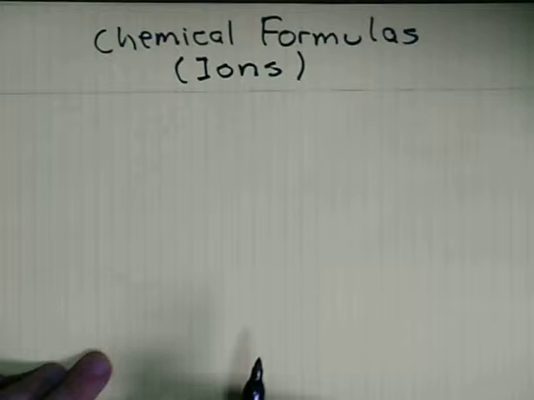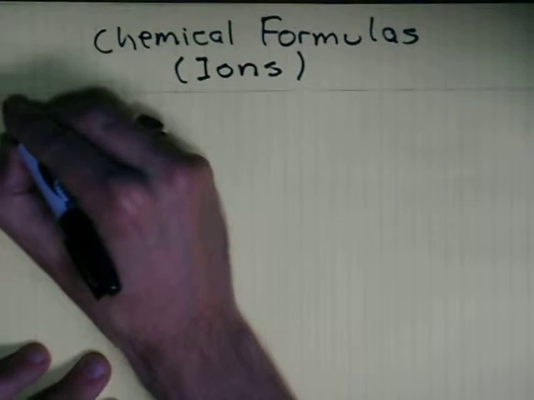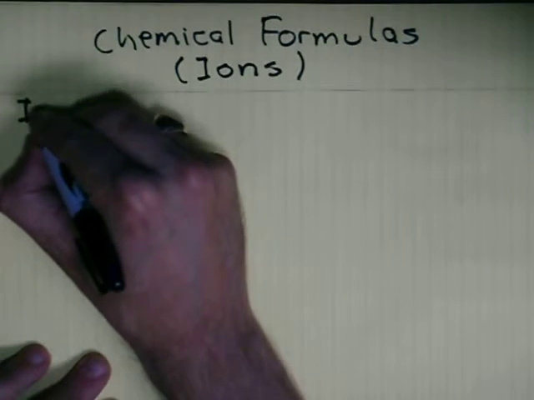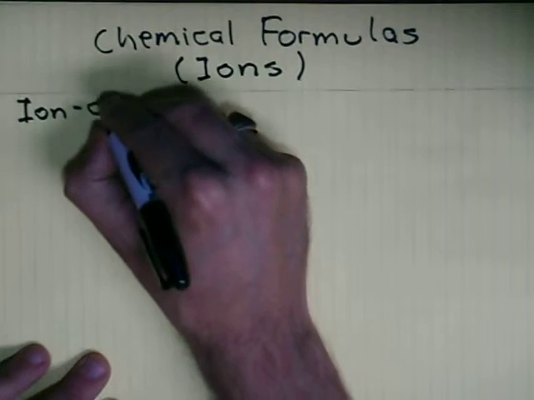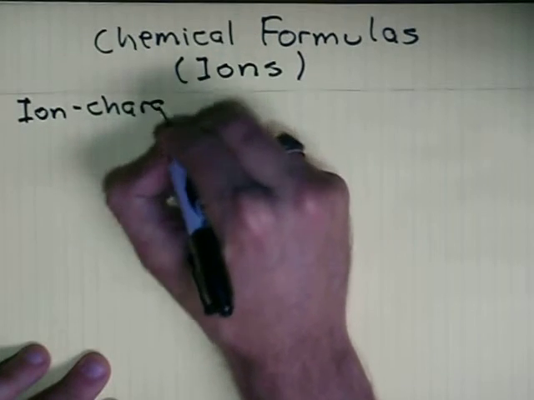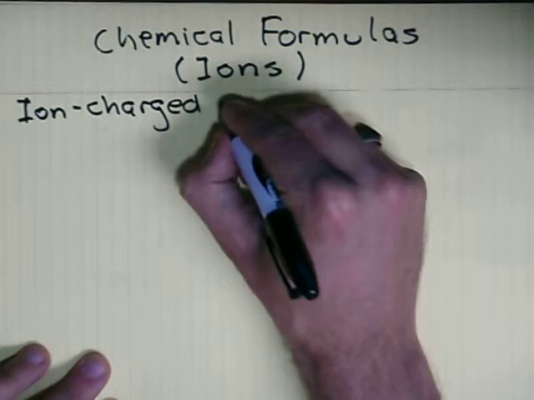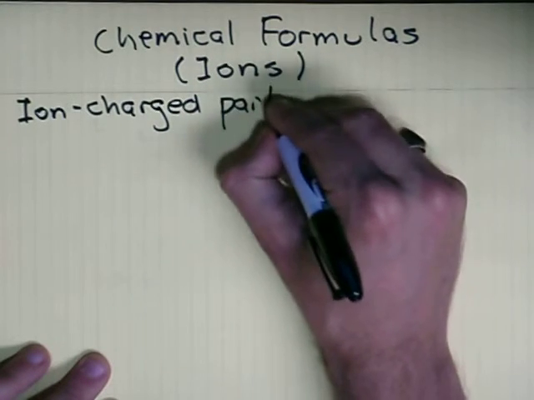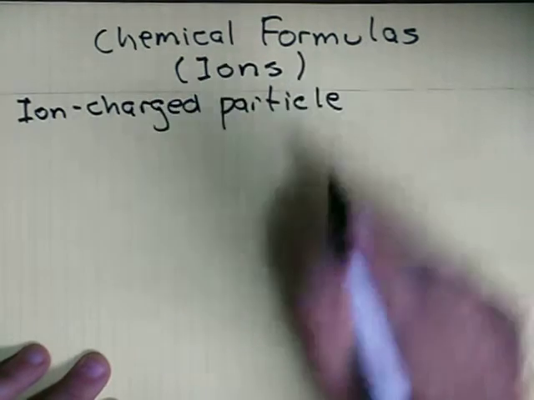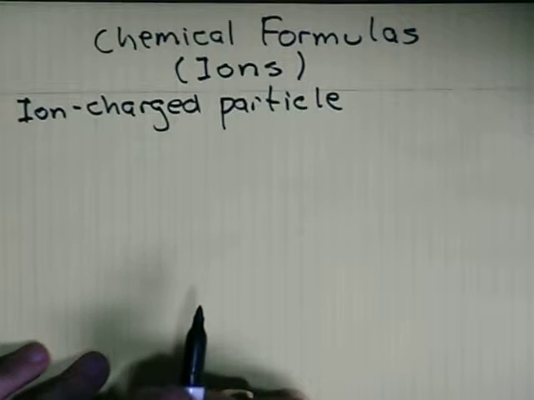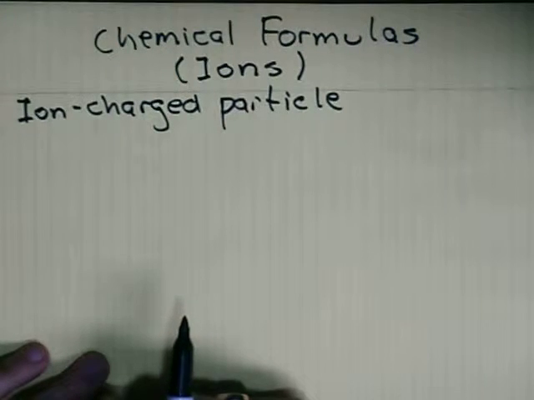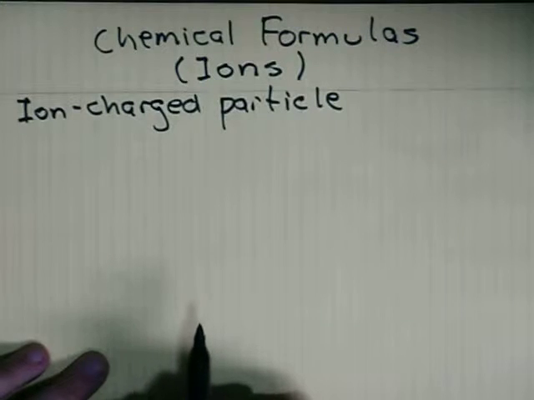So all an ion is a charged particle. And the way that we represent something as an ion, we represent that by indicating the charge in the top right part of the symbol.